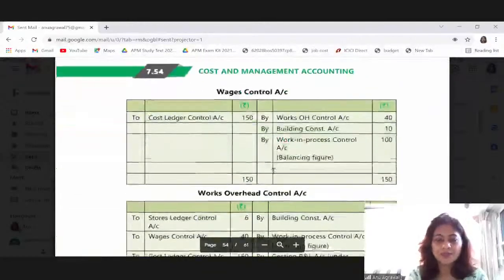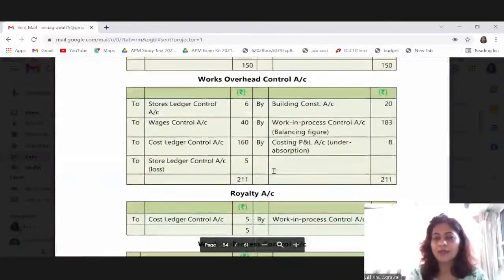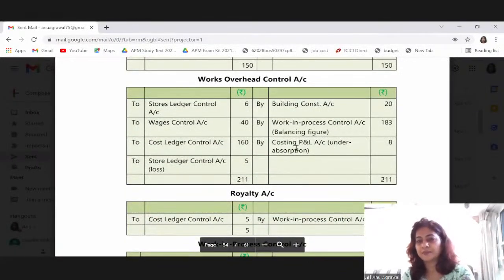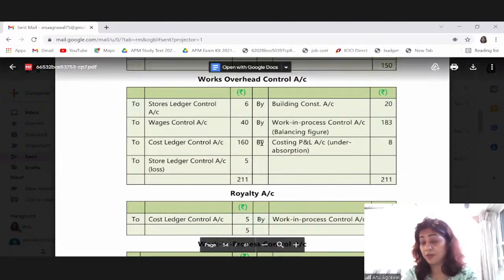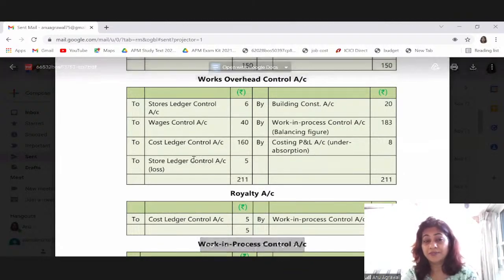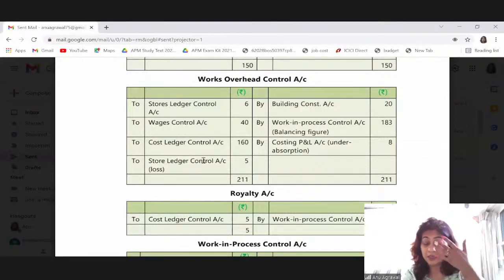Store ledger, wages, overhead control account. This is the question, right? So look at it. Overhead. I have not looked into the whole question, so I've just looked at three figures. That is incurred 160. What is being transferred to building construction account, right? There must be other figures also.